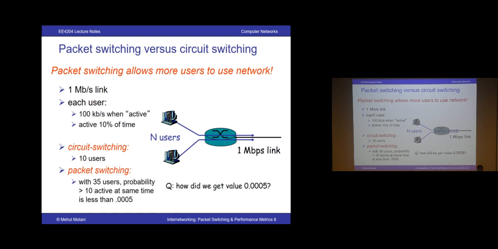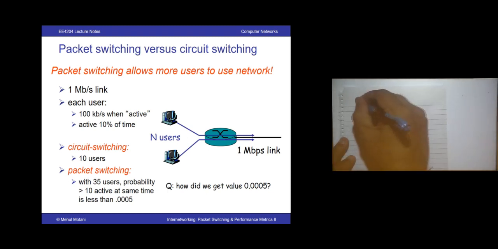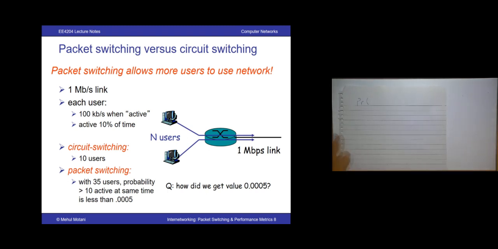So this was, as I mentioned to you, a pretty simple exercise in probability. Just basically counting. All right, good. So remember, we want to compute the probability. We had a statistical multiplexing system where we let in a bunch of users.